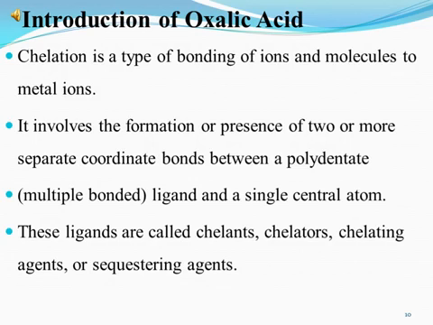What is chelation? Chelation is a type of bonding of ions and molecules to metal ions. It involves the formation or presence of 2 or more separate coordinate bonds between a polydentate ligand, which has multiple bonds, and a single central atom.